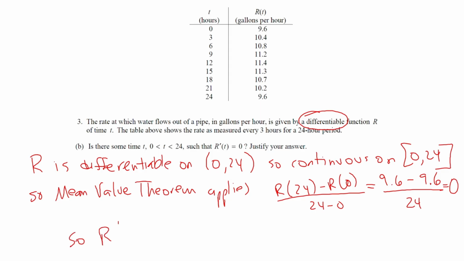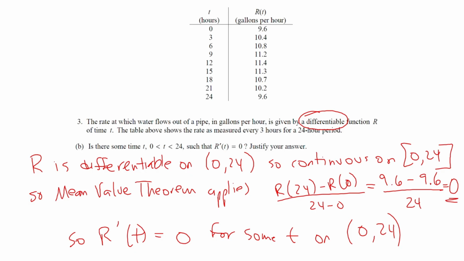So R prime of t equals 0 for some t on the interval 0 to 24. That's what the mean value theorem says, right? It says if the average rate of change equals something, in this case 0, then the instantaneous rate of change, so the derivative of R, must also equal that same number on that interval. And they're going to give you 2 points for that. One for yes, it does, and one for the explanation of the mean value theorem, and that it's continuous and differentiable and all that good stuff.